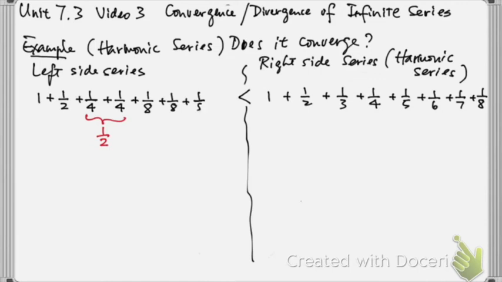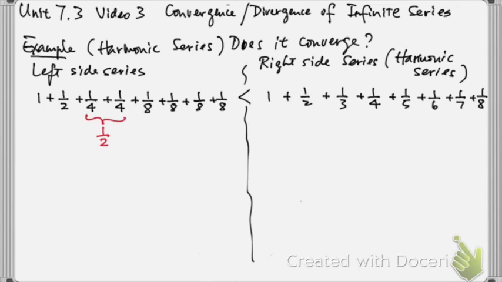Plus 1/8 plus 1/8. Same number of terms, but the values of the terms are different. As you can see, 1/5 is greater than 1/8, 1/6 is greater than 1/8, 1/7 is greater than 1/8. So therefore, the right side series is still greater than the left side series. In fact, it's greater than before.